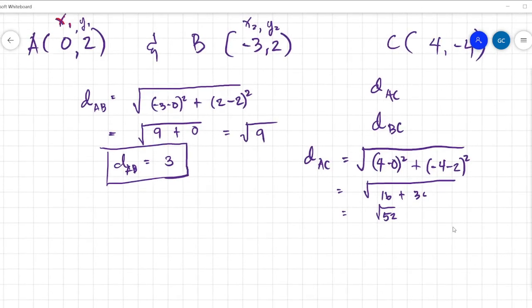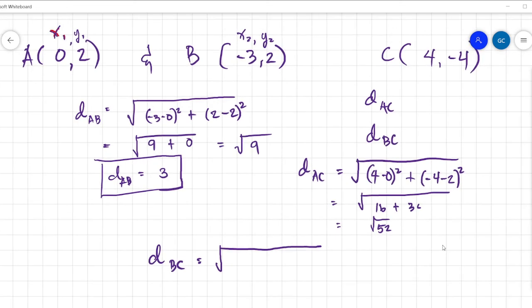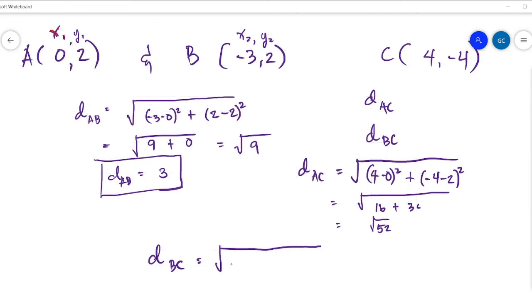So for the distance of point B to point C, that will be equal to, taking B as our first and C as our second, let's deal with the x's first.